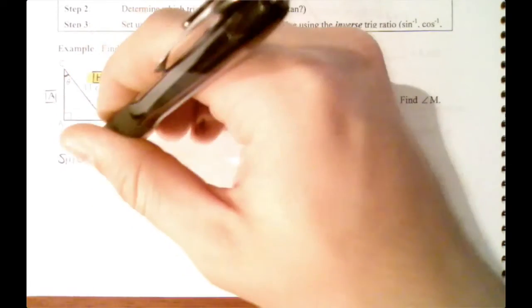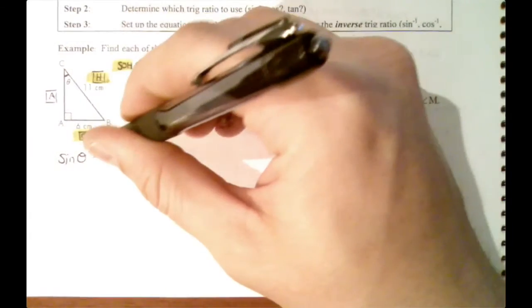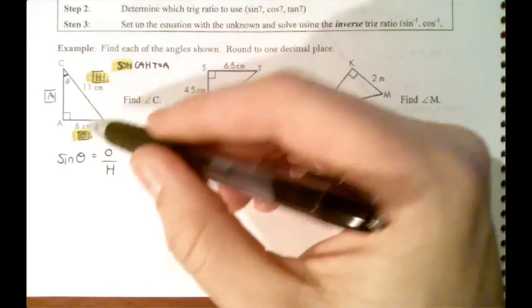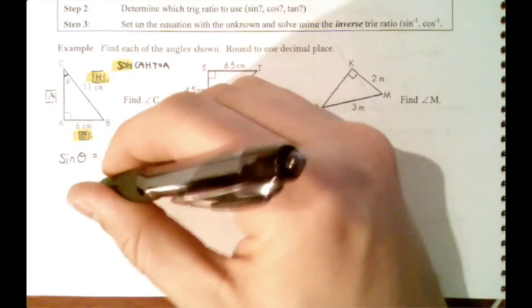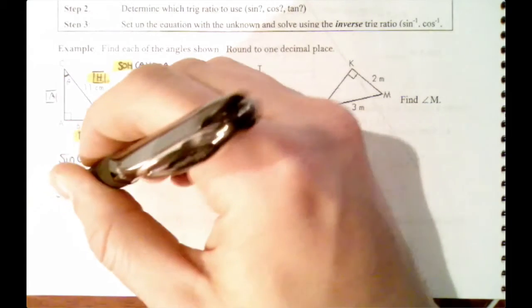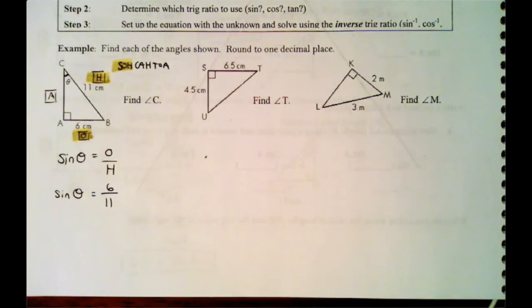Sine theta equals O over H. And this time we know O and H. O is 6, H is 11. So now we can do 6 divided by 11.